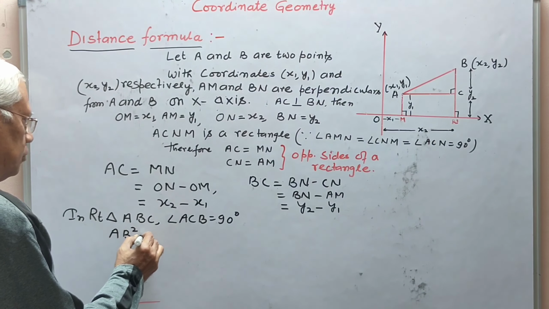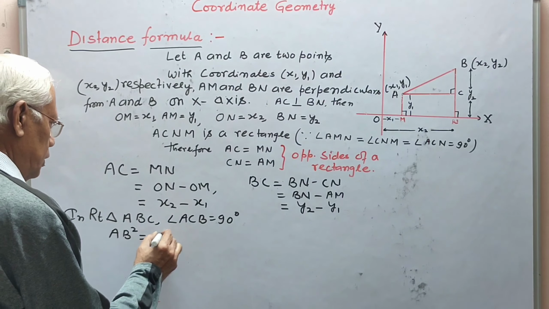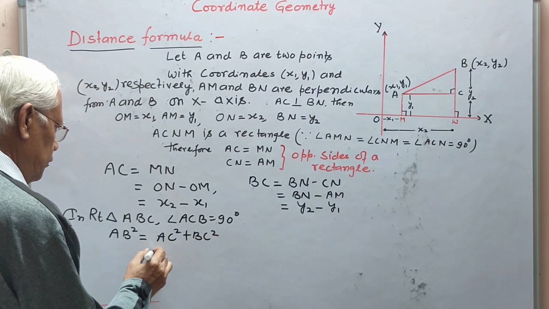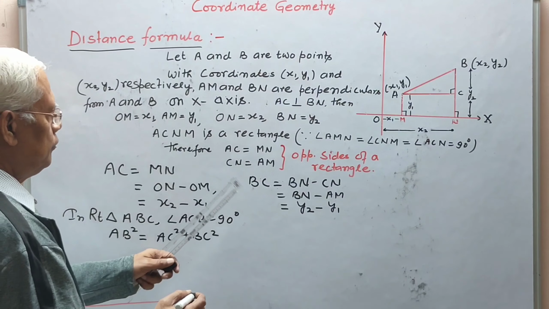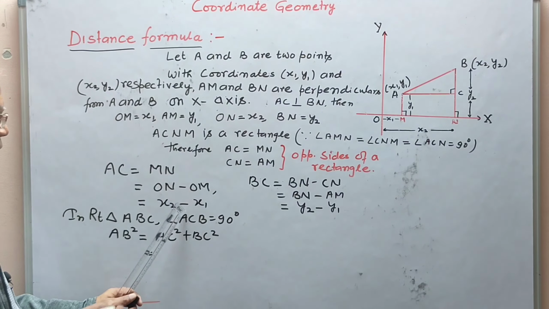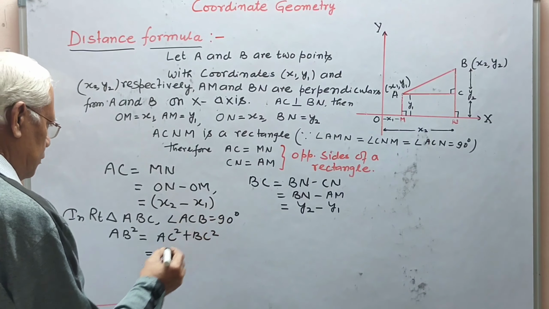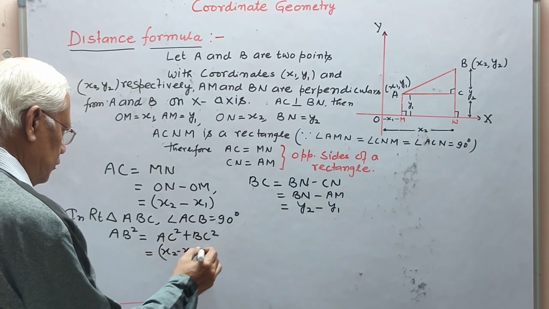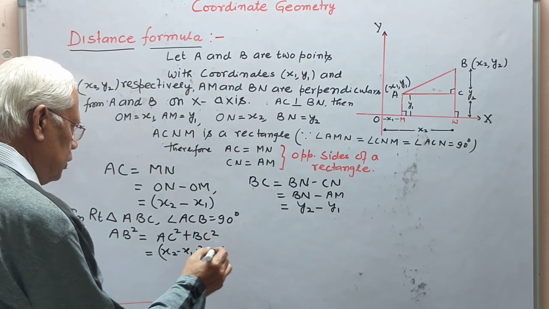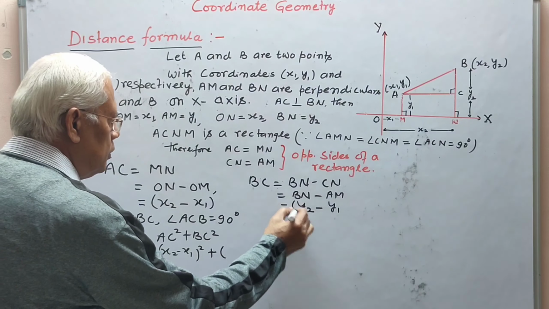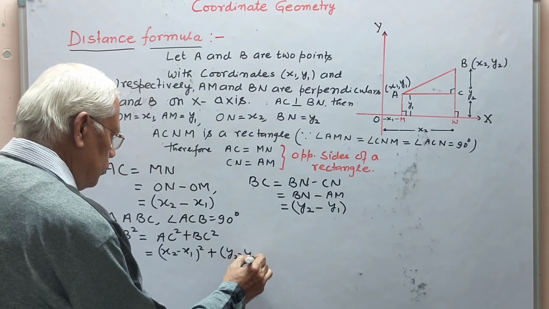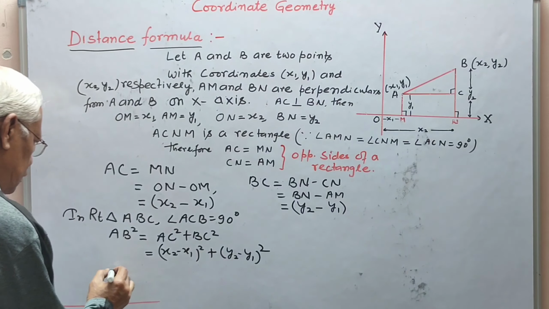AB square equals AC square plus BC square. What is AC? AC is (x2 minus x1) whole square. And what is BC? BC is (y2 minus y1) whole square.